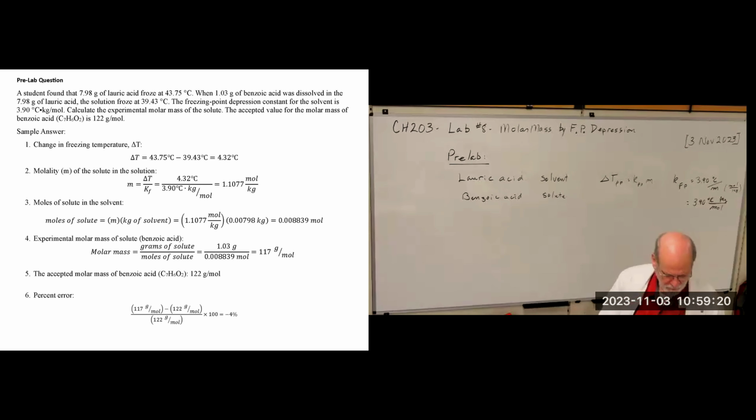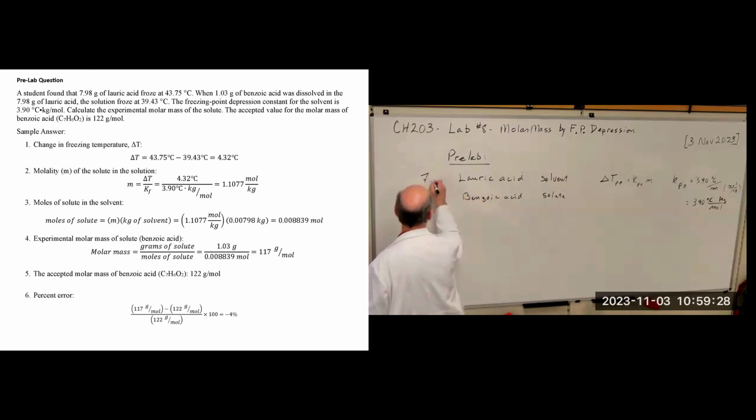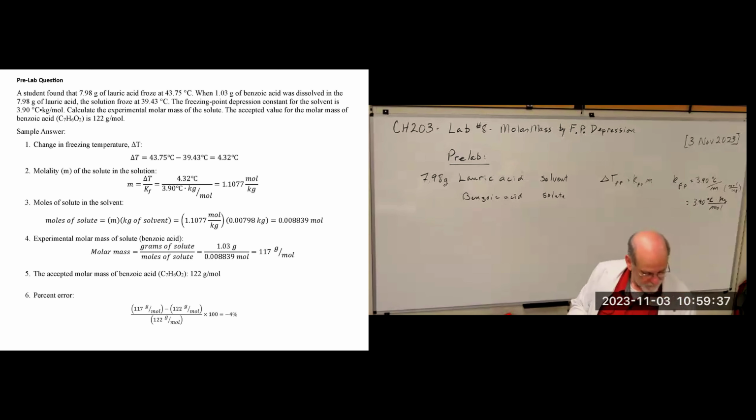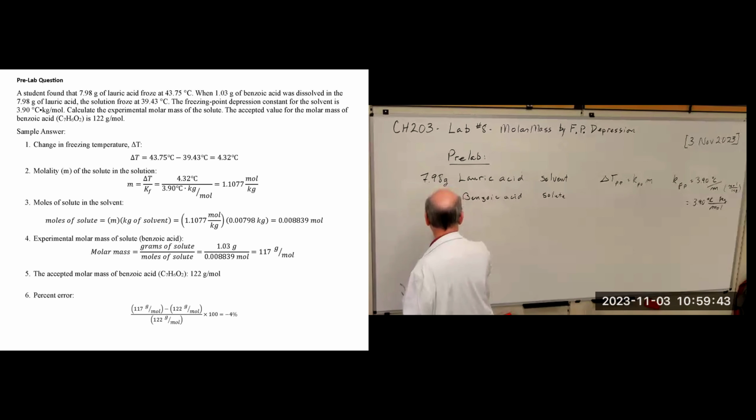So the problem says you have 7.98 grams of lauric acid, and its freezing point is 43.75 degrees C. So the freezing point of the solvent, let's do it this way.